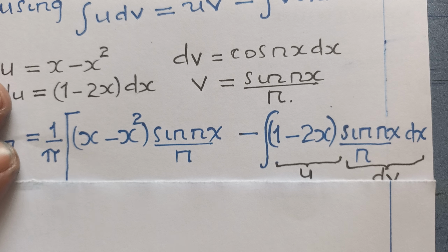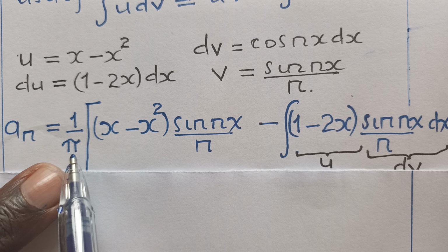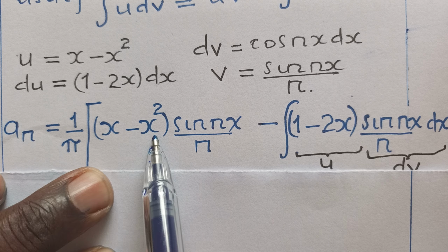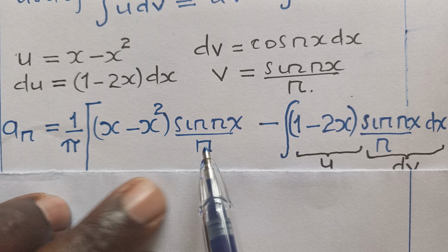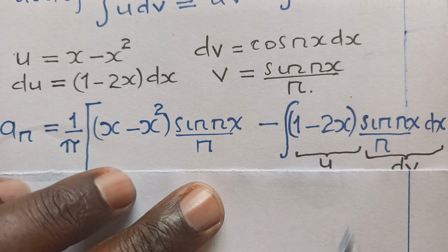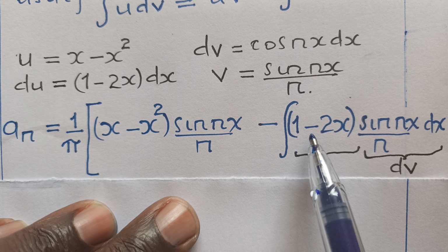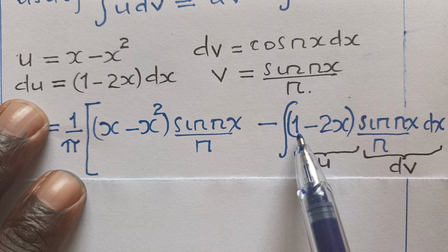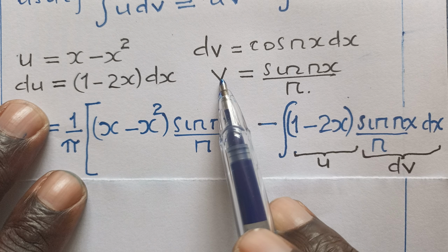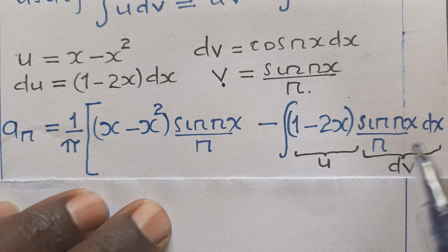We write 1 all over pi, which was formerly there. Then this is our u, and this is our v, according to the equation. Then minus, this now becomes our du, which is this, and for the v, it is sine nx over n dx.